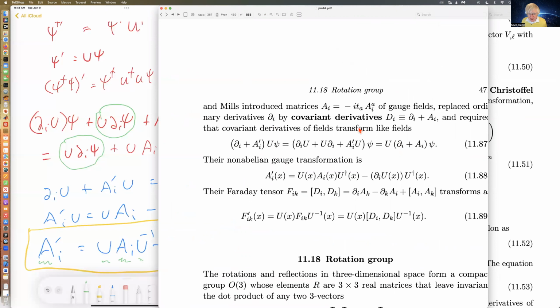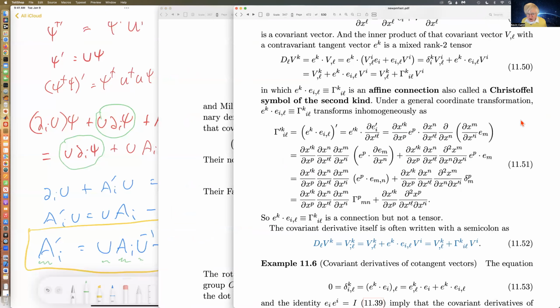And in the case of general relativity, what we want is that we introduce this connection so that these various things are tensors and transform like vectors or like derivatives, or products of vectors, products of derivatives.